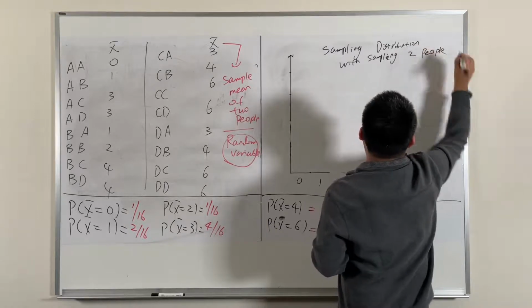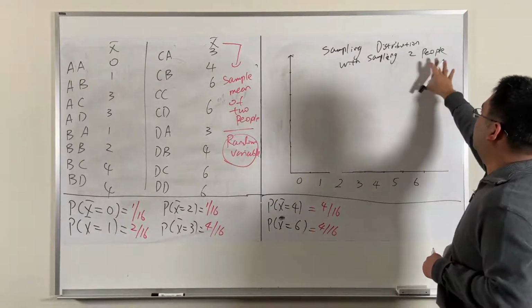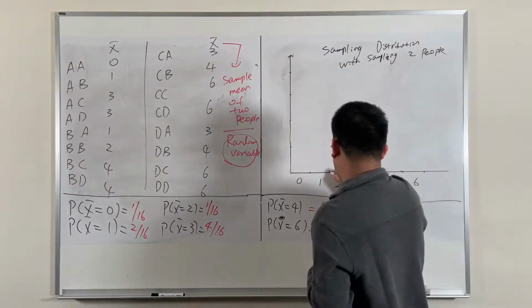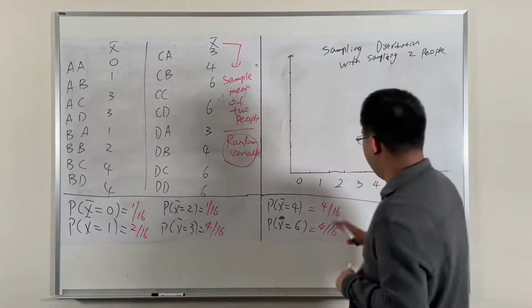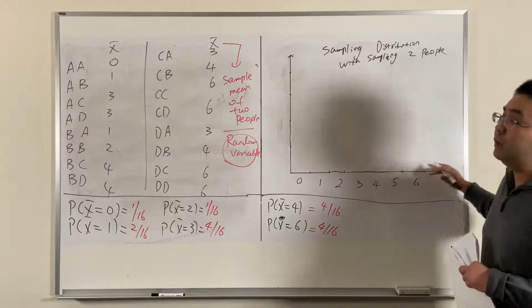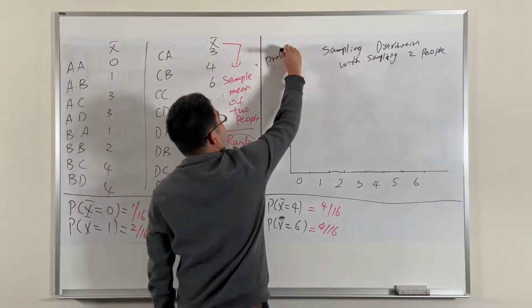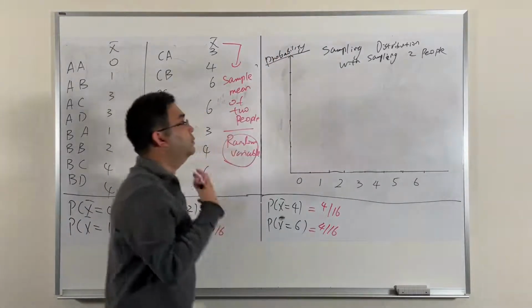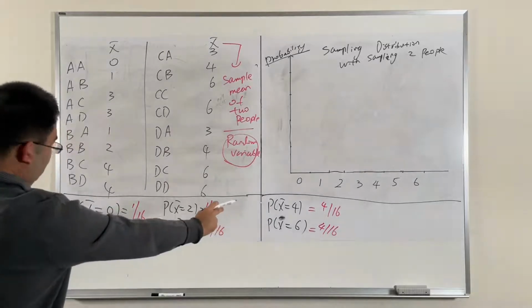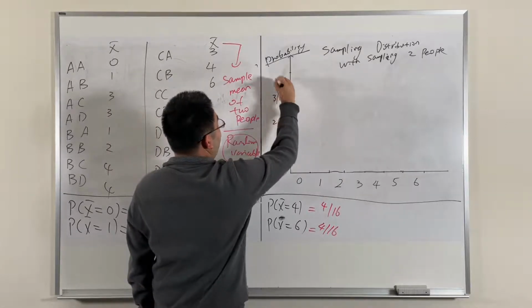We pick out 2 people and get the sample mean. The x-axis is how many movies, and the vertical axis is the probability of getting that value. The possible heights are 1/16, 2/16, 3/16, and 4/16.